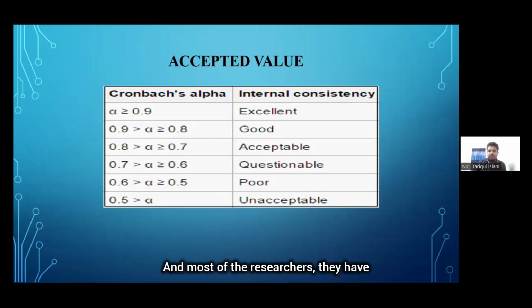Most of the researchers have agreed that an alpha value of more than 0.7 is acceptable, and the acceptable range is 0.7 to 0.8. The range between 0.8 to 0.9 is good, and a value more than 0.9 is excellent.